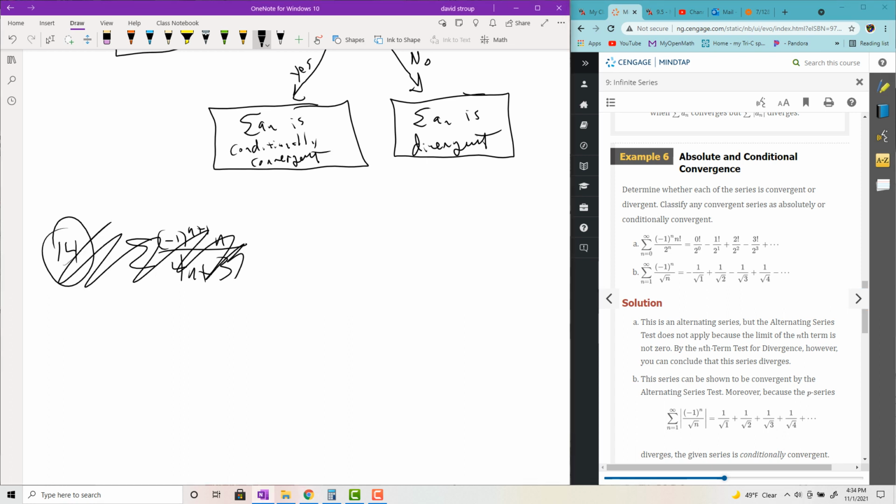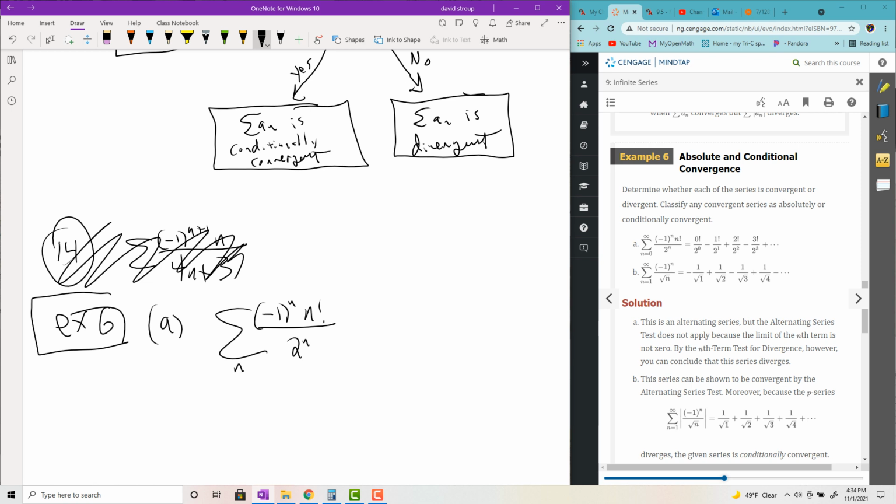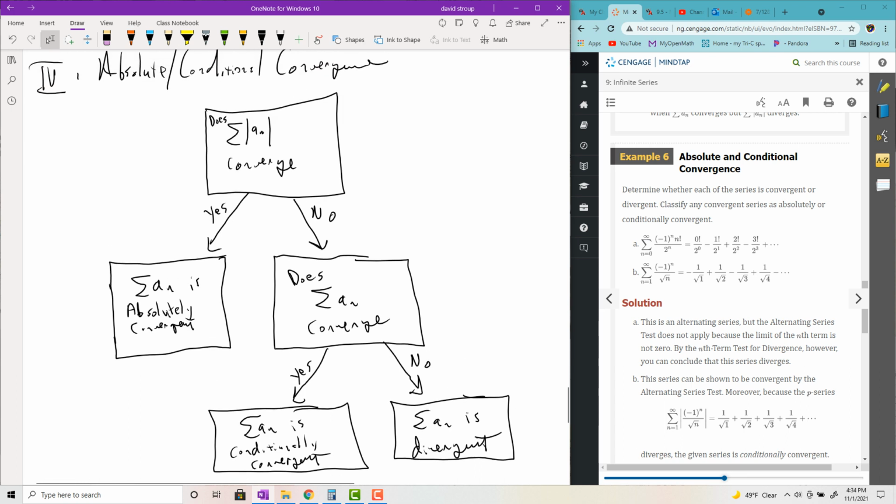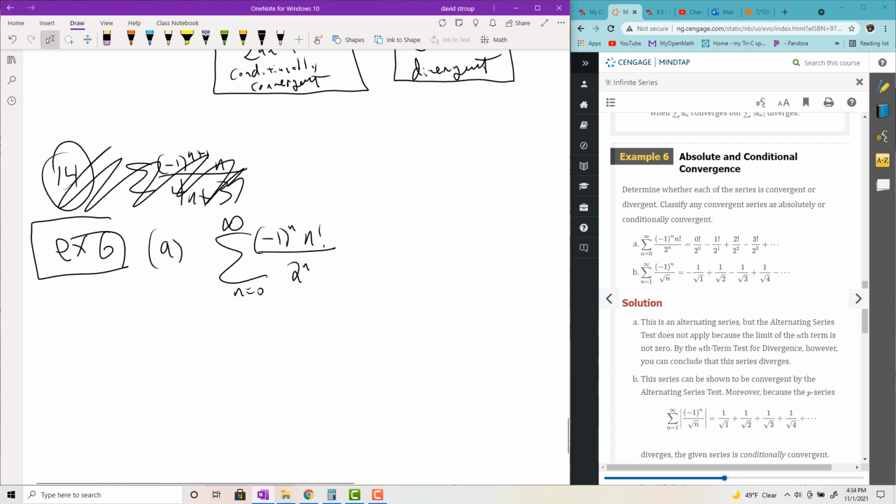I usually don't put these kind of questions on the test, but let's take a look at example 6, part A. So we have the series of -1 to the n times n factorial all over 2 to the n from n equals 0 to infinity. I just feel like my flowchart's the best way to go, because otherwise you're going to be kind of spinning your wheels and guessing.